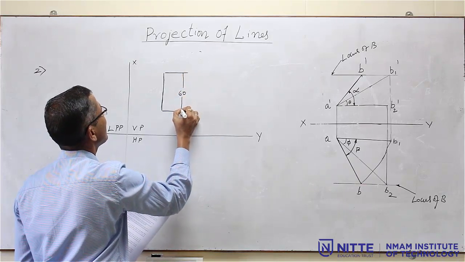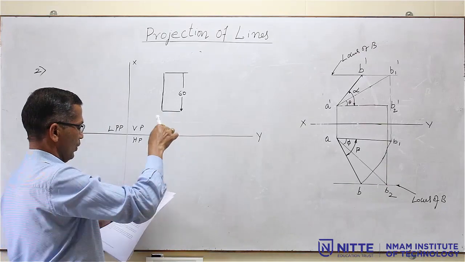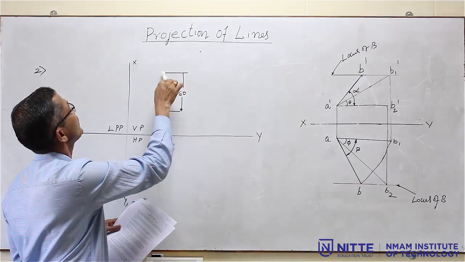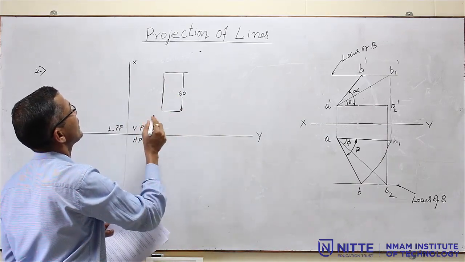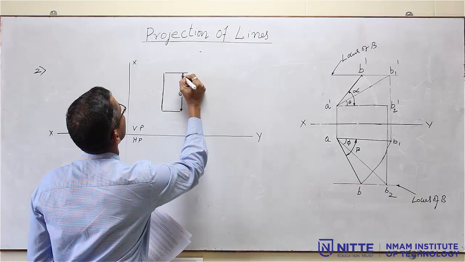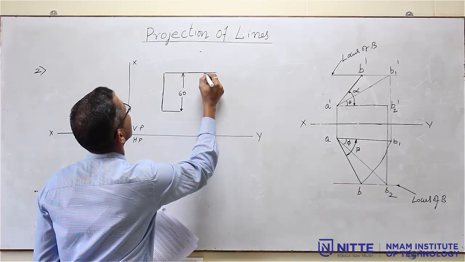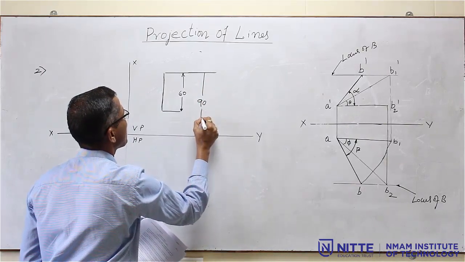Where it is done? They told that the top end is 90 mm above HP, that means from here this should be 90, then what should be this one? This will be 30, but you should not show that 30, you have to show it 90 only. This you have to give, because this is the number given in the problem.